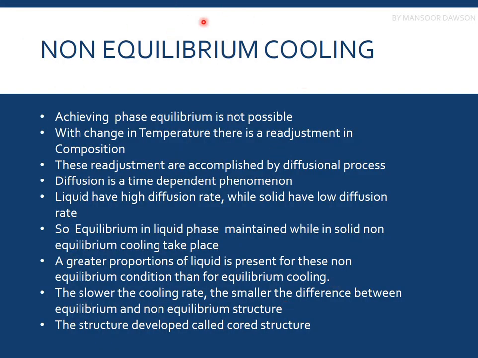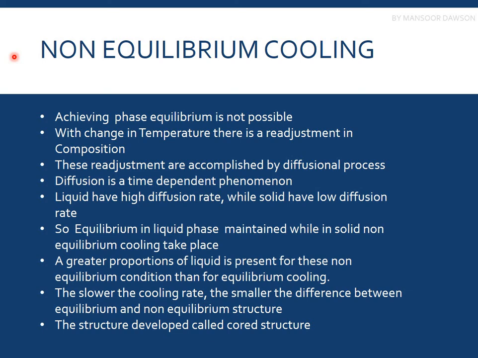So we have some points of non-equilibrium cooling. Let's discuss. One is achieving physical equilibrium is not possible. If it's possible, we have to apply process parameters very carefully, and we have to observe it very sharply so that there is no more non-equilibrium present.